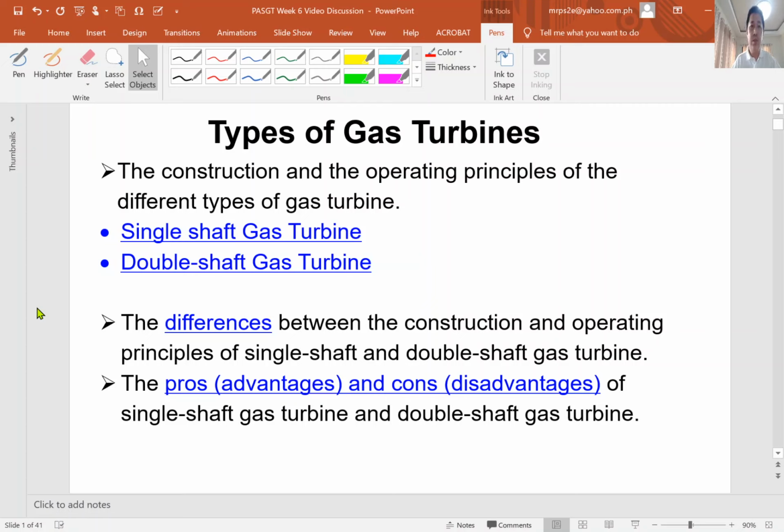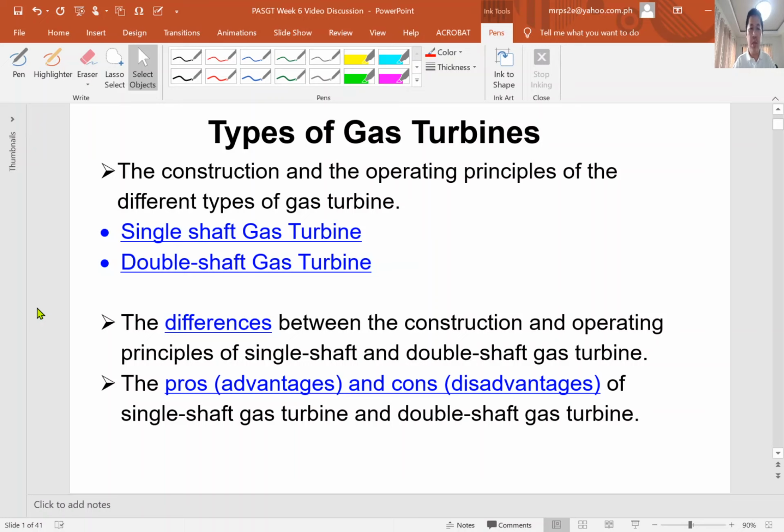In today's video, we will learn the types of gas turbines, the construction, and the operating principles of the different types of gas turbine. So we learn the single shaft gas turbine and double shaft gas turbine.